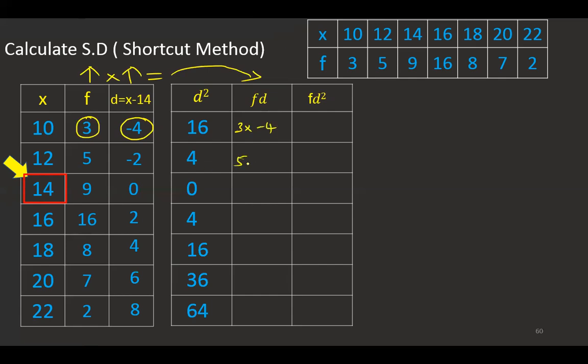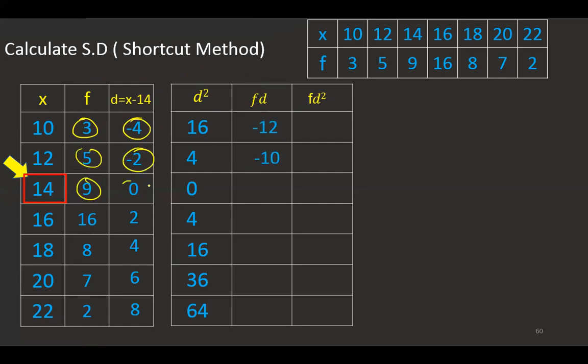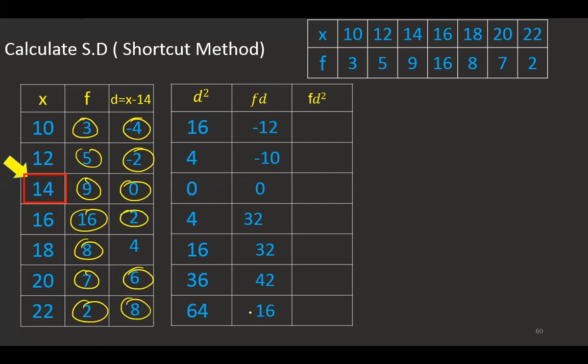Here it is 5 into minus 2, etc. So I'm going to show it now. My F value is 3, D is minus 4. So I'm getting it here as minus 12, 5 minus 2s are minus 10. 9 zeros are 0, 16 2s are 32. 4 8s are 32 here, 7 6s are 42, 2 8s are 16.